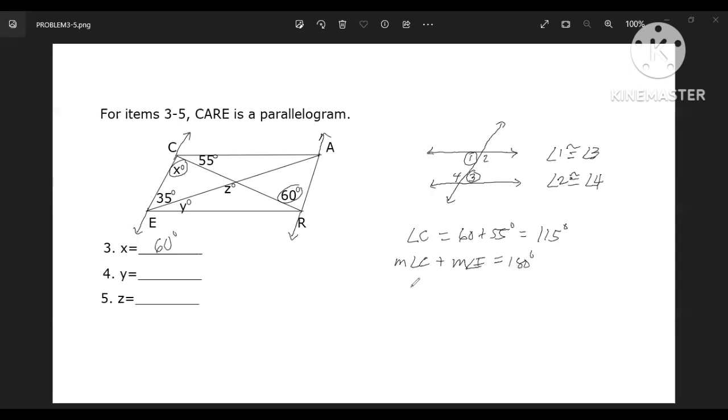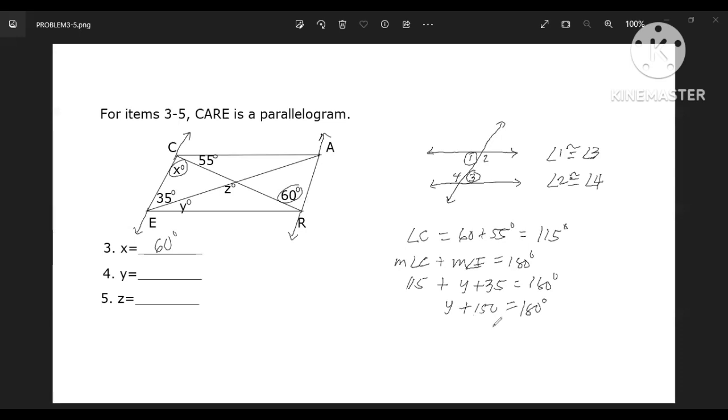Now, since angle C is 115, substitute lang natin, 115 plus E, which is Y plus 35, equals 180. Now, 115 plus 35 is 150, so that's Y plus 150 equals 180.